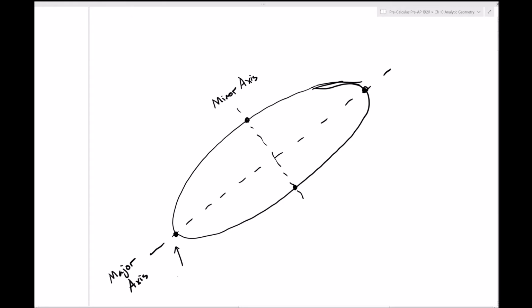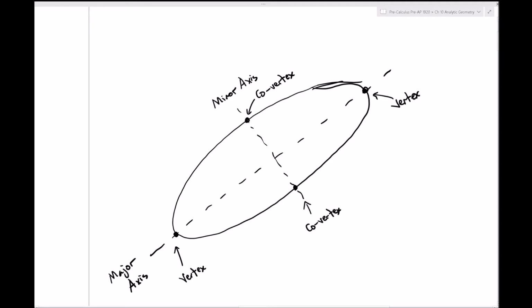So that's a vertex. This is a vertex, and there's only two vertices, according to that textbook. These two are called co-vertices. So that's a co-vertex, and this is another co-vertex. This textbook, I believe, calls them all vertices.